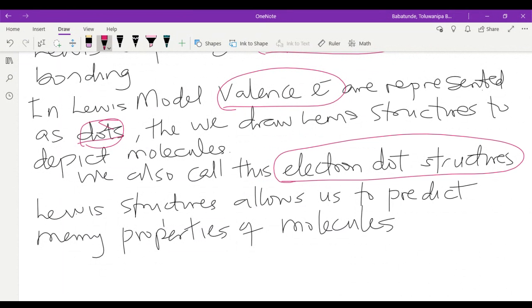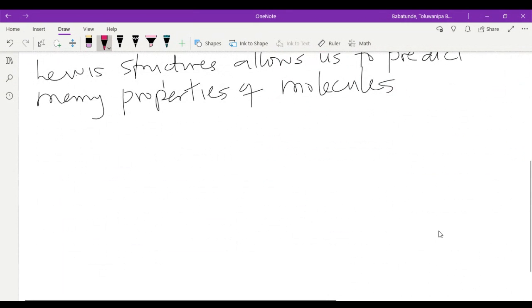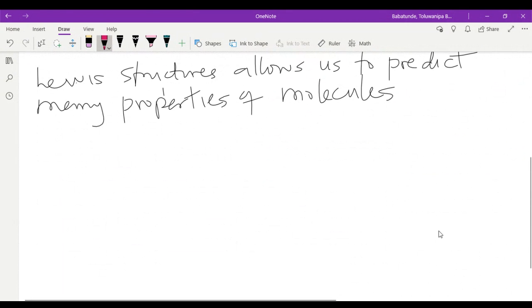So let's take a look at how we draw the Lewis dot structure. In the Lewis dot structure, the valence electrons, as I said, are represented with dots. The core electrons, that is, the inner electrons, are represented using the symbol of the element. For example, we know that sodium has 11 electrons, and one of them is the valence electron.